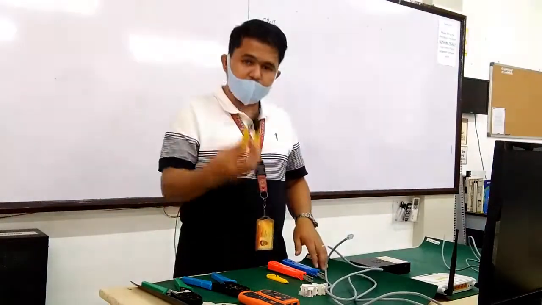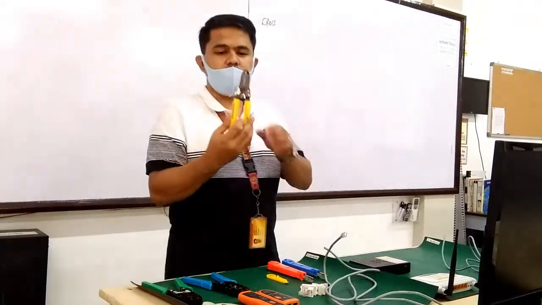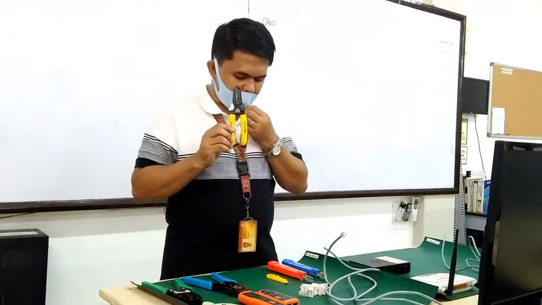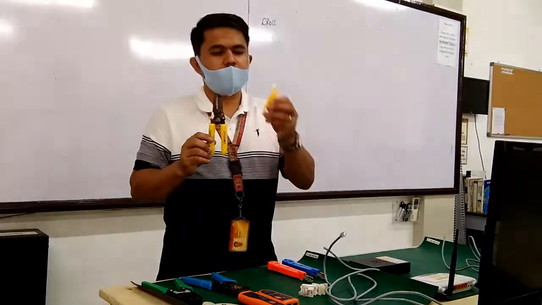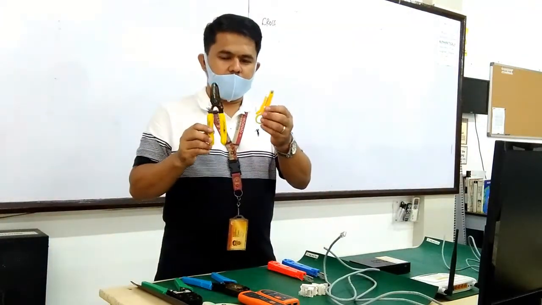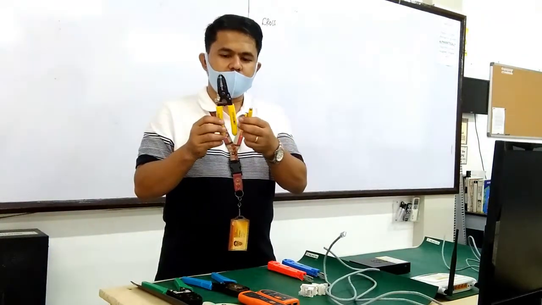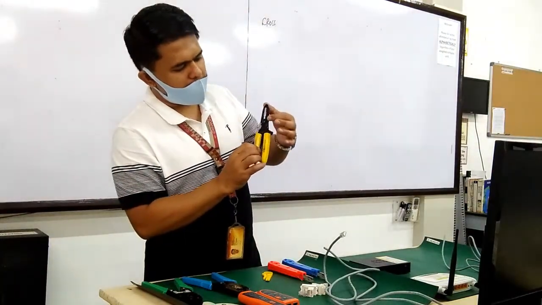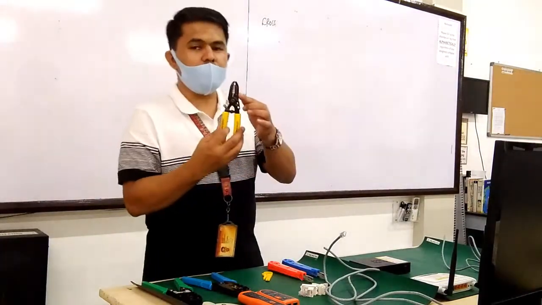Then we have also a wire stripper. I have also shown this one to you last time. This is also another wire stripper. They're just the same, but the difference is that this one has different sizes of wires.